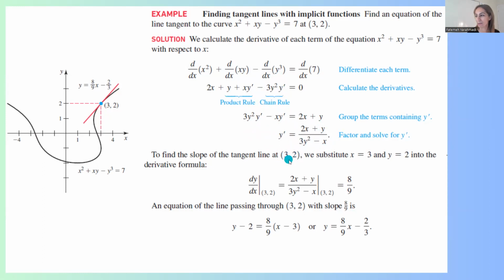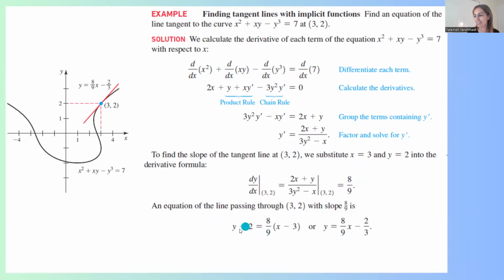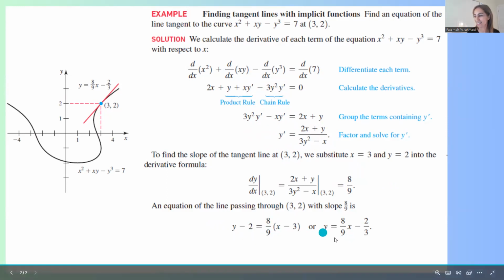And since it's given at the point (3, 2), we just plug in these values to find the slope of the tangent line, which is 8 over 9. And finally, the equation of the line is y minus y sub 0 equals m, parentheses x minus x sub 0, and then we distribute 8 over 9 into parentheses, add 2 to both sides, and simplify, and write it nicely as y equals 8 over 9 times x minus 2/3.